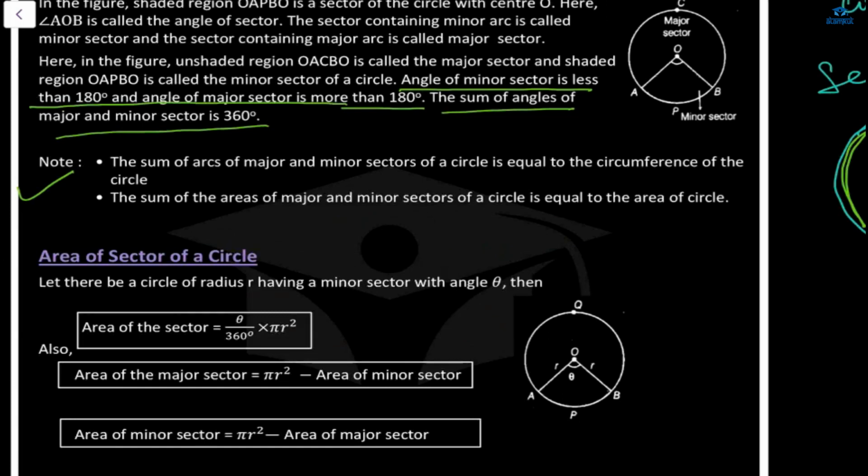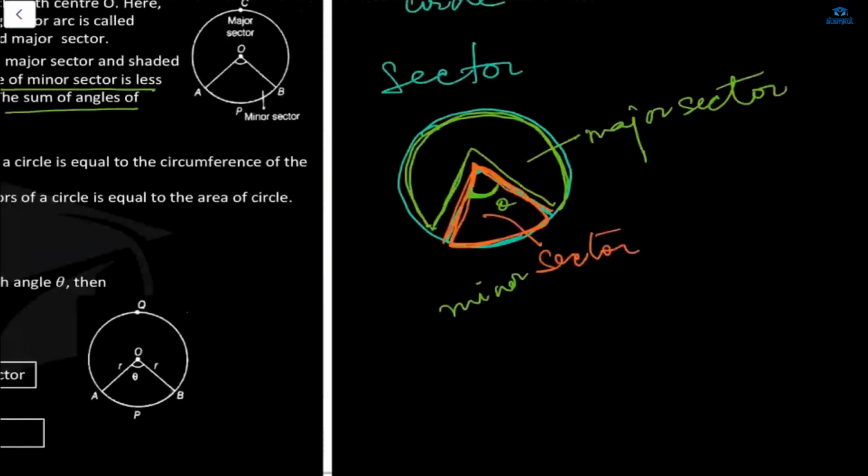The sum of the arcs of the major and minor sectors of a circle is equal to the circumference. This is the arc that the minor sector makes, and this is the arc that the major sector makes. If you add both arcs, it will be equal to the circumference of the complete circle.